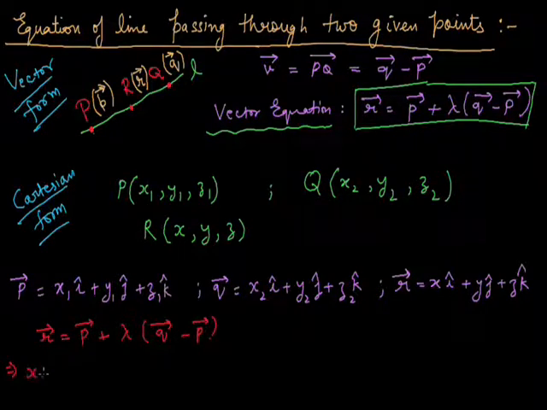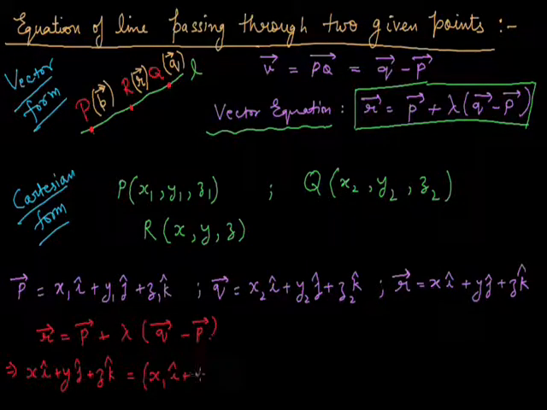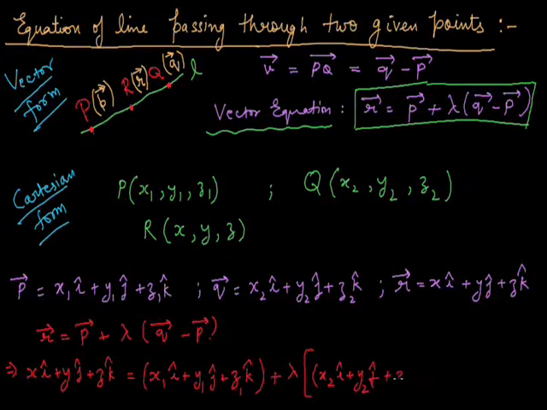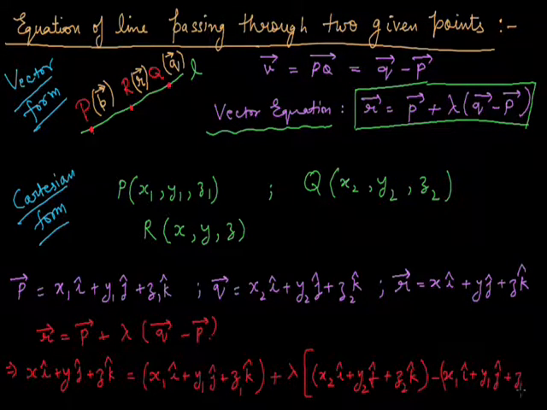We will get x i cap plus y j cap plus z k cap equals x1 i cap plus y1 j cap plus z1 k cap plus lambda times Q vector, that is x2 i cap plus y2 j cap plus z2 k cap, minus x1 i cap plus y1 j cap plus z1 k cap.